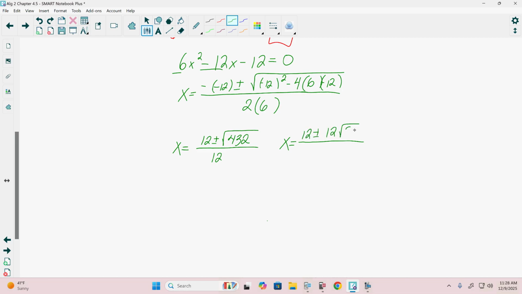Interestingly enough, the square root of 432 does reduce to 12 square roots of 3. And this is over 12. Now because there is a greatest common factor of 12, the two 12s on top are going to reduce to 1, and the 12 on bottom would also reduce to 1, telling us our last two solutions are 1 plus or minus the square root of 3.